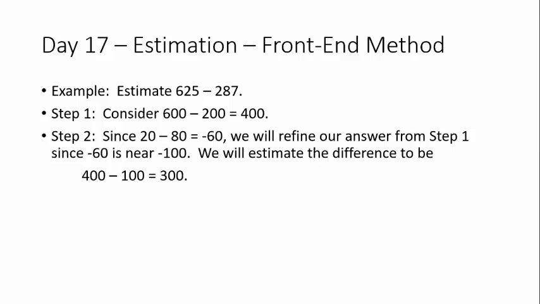Negative 60 is near negative 100. Notice I'm having to use negatives here. I need to refine my answer. In the previous example, I added because that was a positive 100. This is a negative 100, so I'm subtracting. 400 minus 100 is 300. This is my estimate.